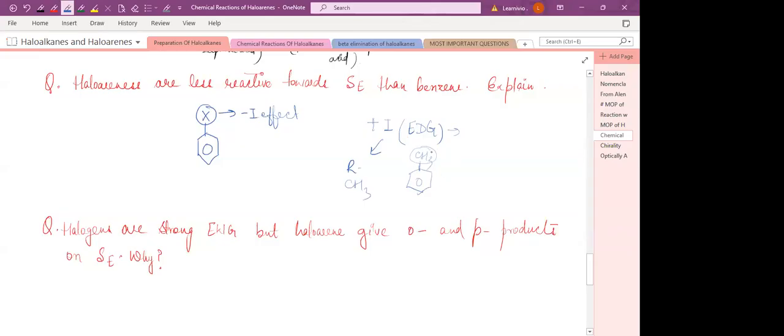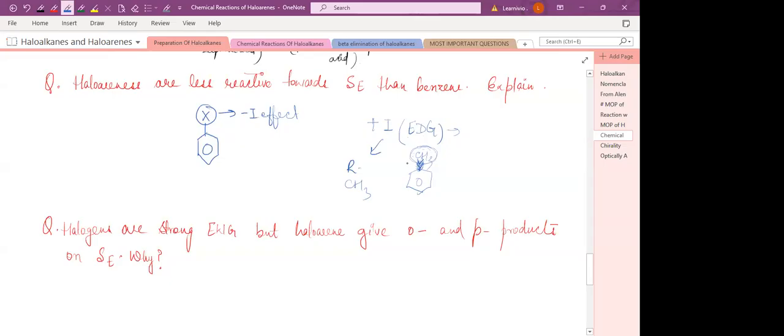So what happens when an electron donating group is attached to the benzene ring? It pushes the electron density onto the adjacent atom, towards the chain, because it has electrons and it pushes them towards the ring, right?